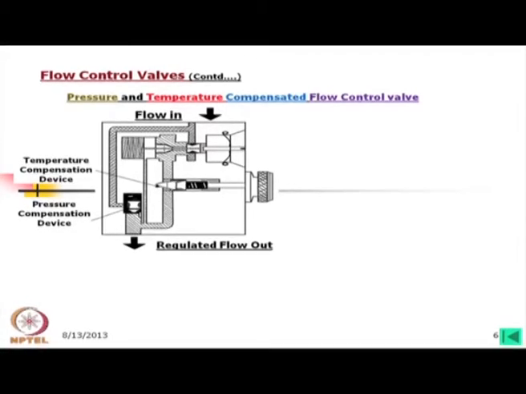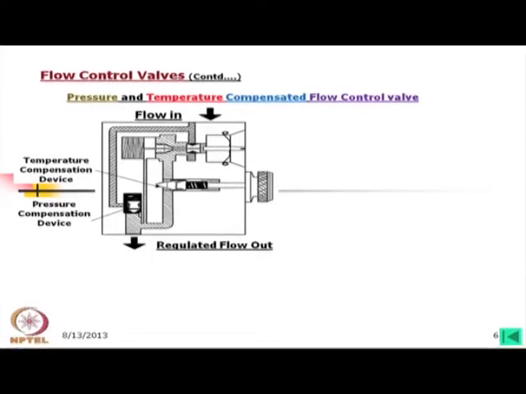To compensate for that, there is a temperature compensation device, which we can assume in the orifice is either a metallic or non-metallic bellow type thing, which expands with the increase in temperature and is compressed when the temperature is lowered. What does it do? It changes the orifice area to keep the flow amount the same.